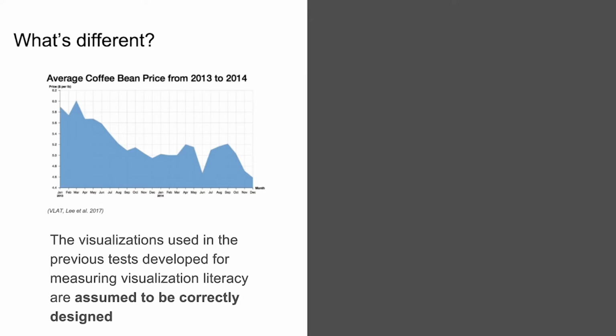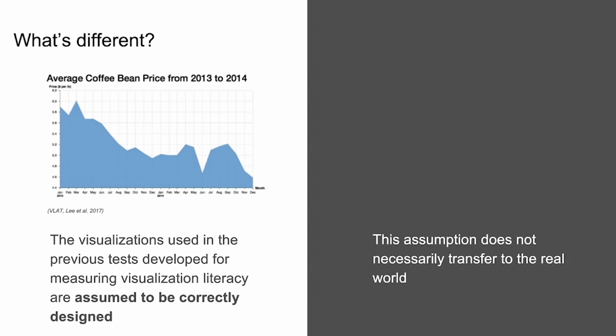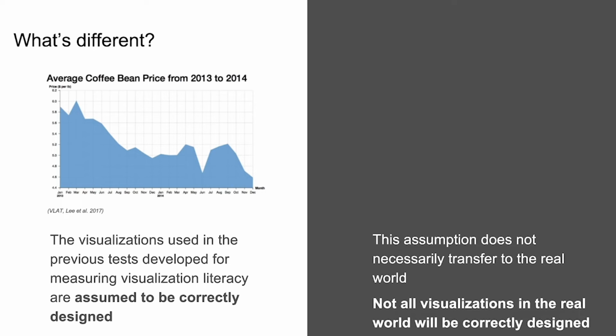In other words, the visualizations used in the previous tests developed to measure visualization literacy are assumed to be correctly designed. But we argue that this assumption does not necessarily transfer to the real world, because not all visualizations in the real world will be correctly designed.